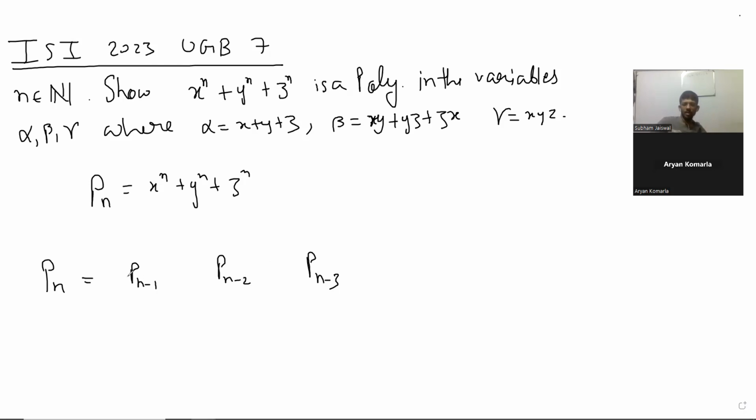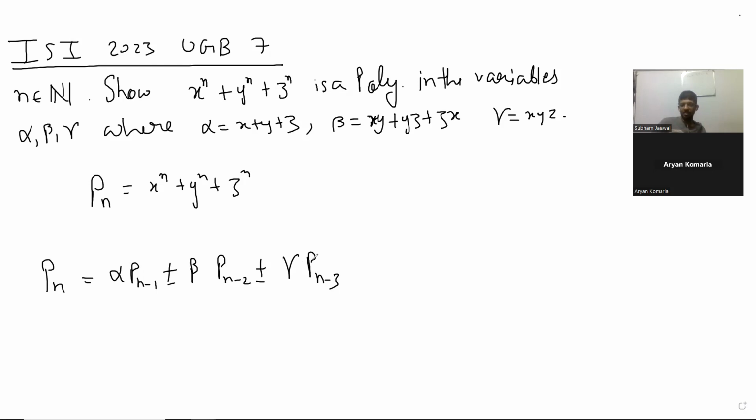Can you guess? They will be alpha, beta, gamma, with some signs that you can take care of. It's not difficult.